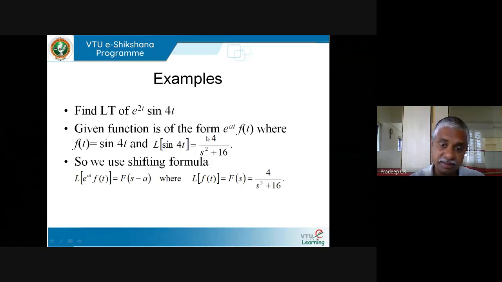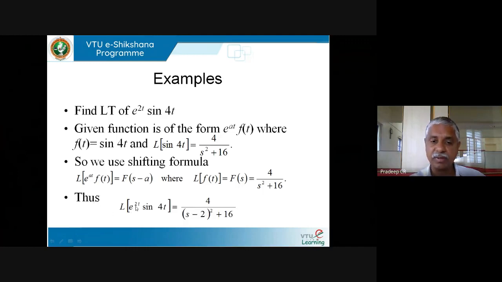So L of f(t) is F(s), which is 4 by s squared plus 16. In this F(s), you replace s by s minus a if you want to find Laplace of e^(at) f(t). So Laplace of e^(2t) sin 4t, a is 2 here, so replace s by s minus 2: 4 by (s minus 2) whole squared plus 16. Hope it's clear.